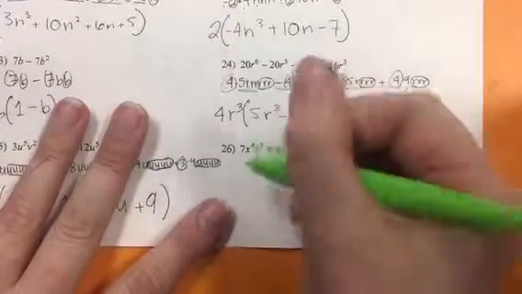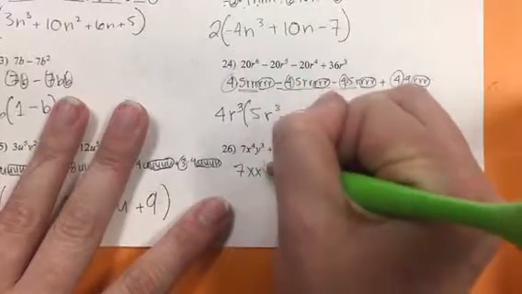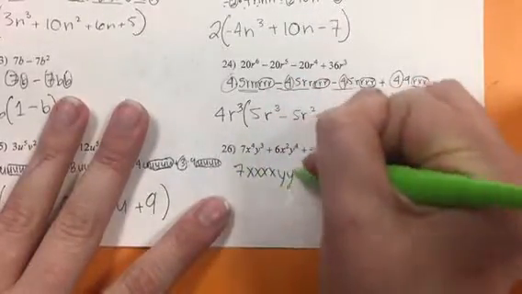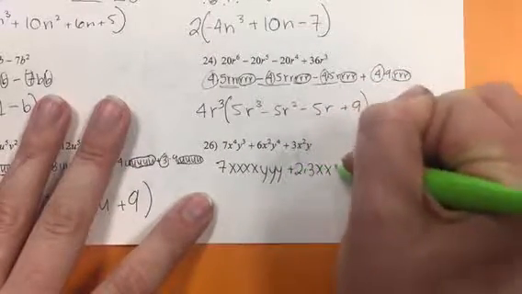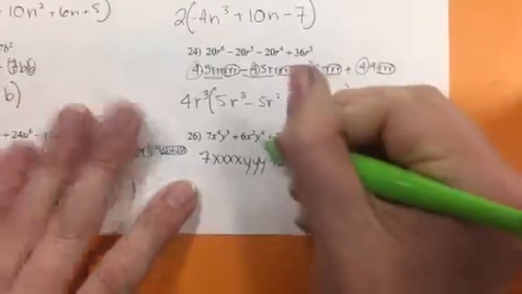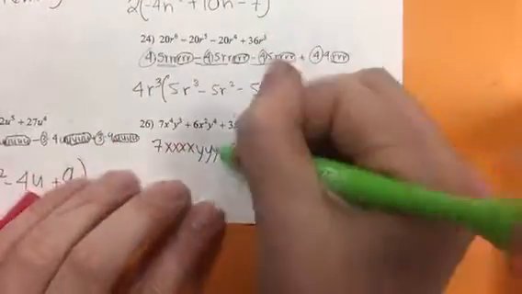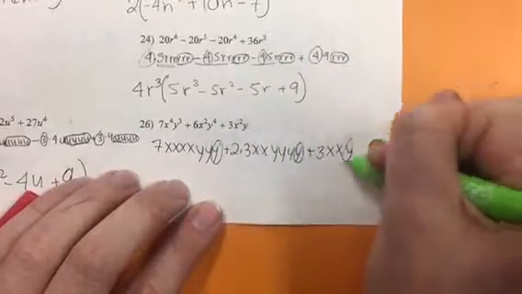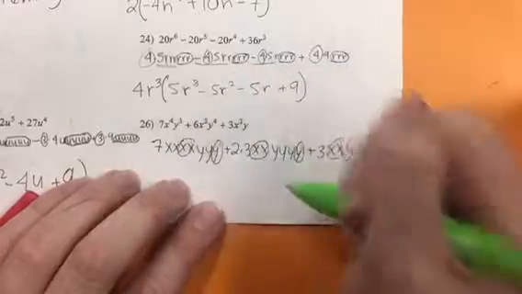7, 6, and 3. 7 is prime, so it cannot simplify. 4 x's and 3 y's plus 2 times 3 x, 4 y's plus 3 with 2 x's and 1 y. Each of them have 1 y, and I can take out 2 x's.